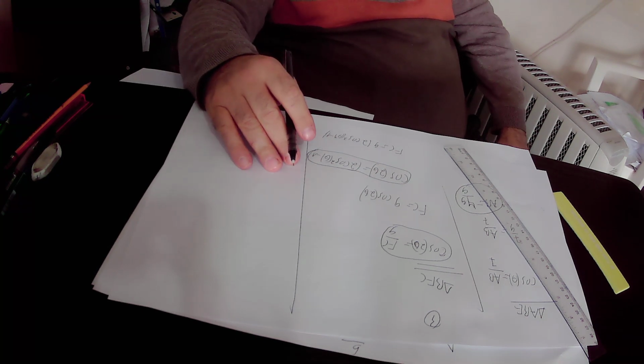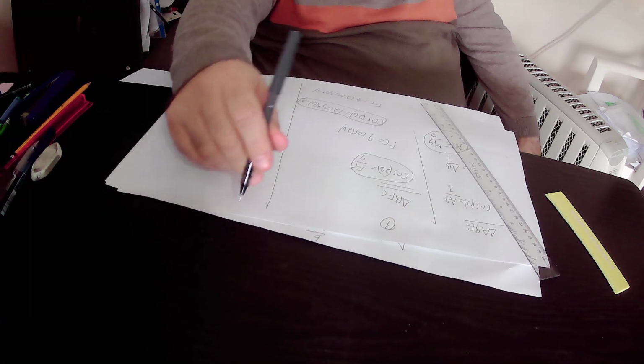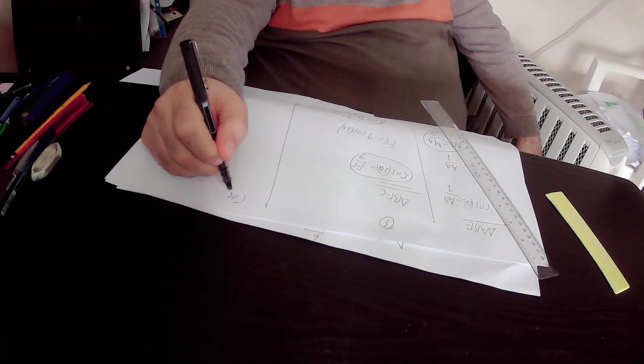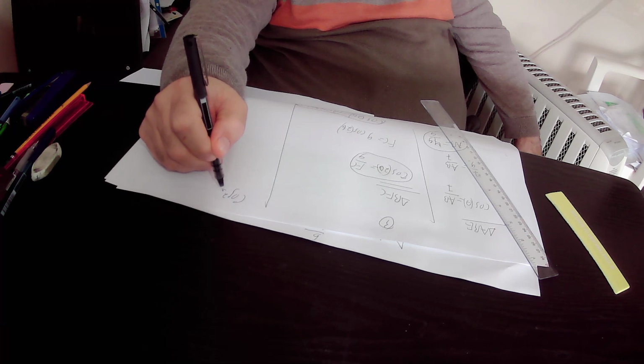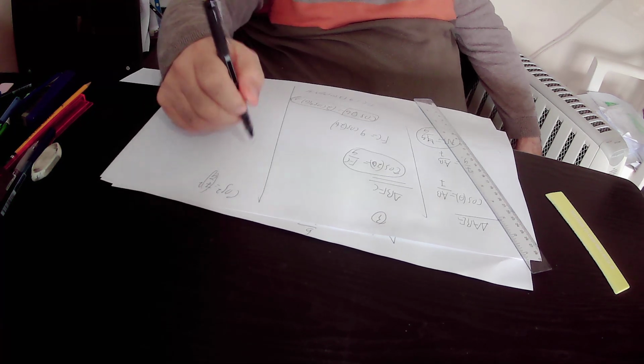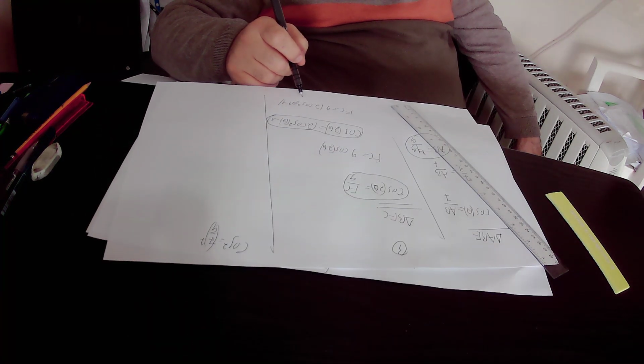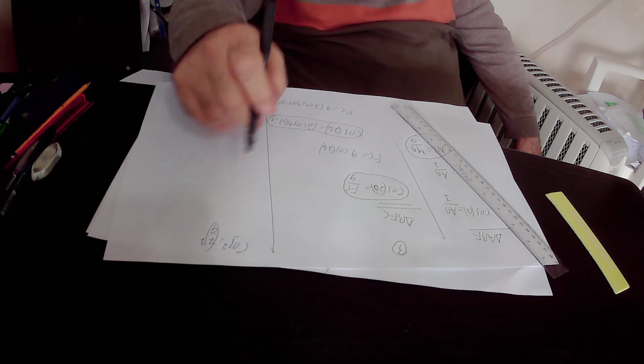We've already found out that cosine theta equals 7 over 9, therefore cosine square theta will be equal to 7 over 9 square. So we substitute cosine square theta by 7 over 9 square.